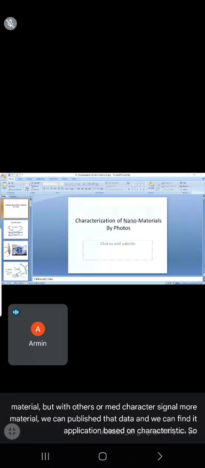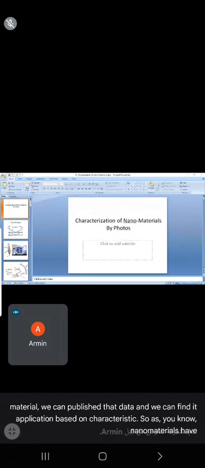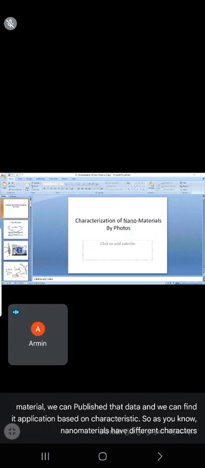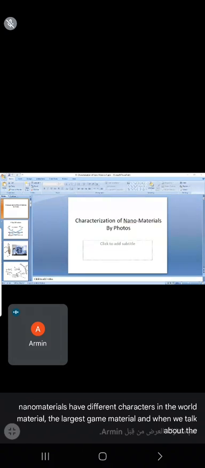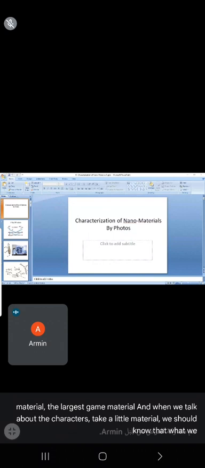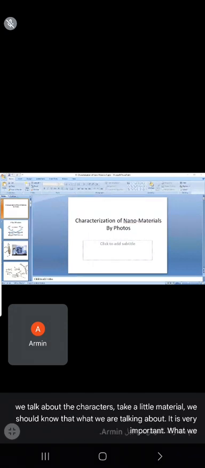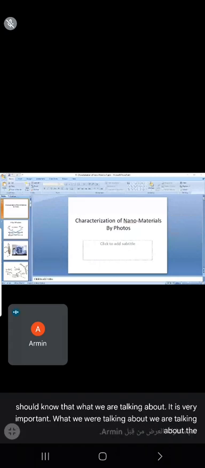As you know, nanomaterials have different characteristics than the bulk material, the larger scale material. When we talk about the characteristics of our material, we should know what we are talking about. We are talking about the nano characteristics.